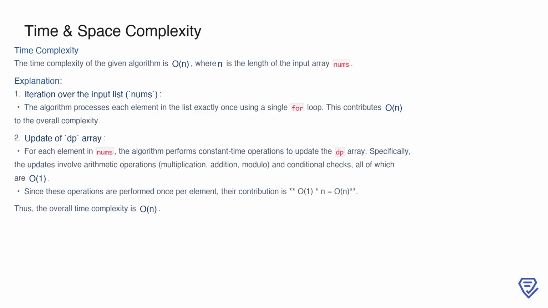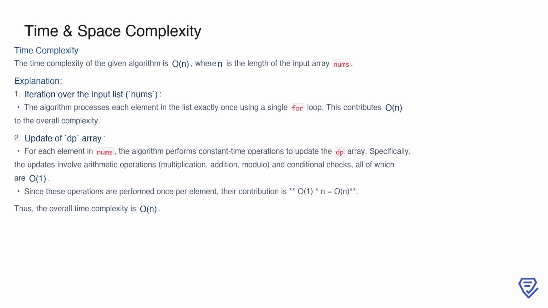These updates involve constant time operations, such as arithmetic calculations and conditional checks, which are O(1) per element. Because these operations are performed once for each of the n elements, their contribution is O(1) * n, which simplifies to O(n). When we combine these, the total time complexity of the algorithm remains O(n), as no additional operations increase the growth rate.